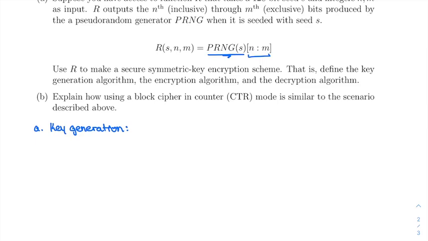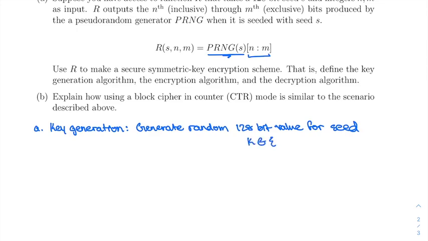So all we have to do for key generation is generate a random 128-bit value for the seed. There's a variety of ways to do this, but the simplest would be finding a random function and using that. Great. So this 128-bit value, and to keep the official text intact, that's what it looks like.